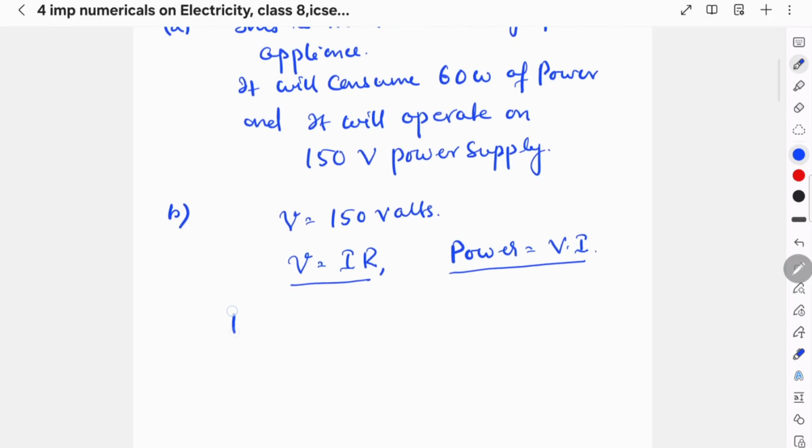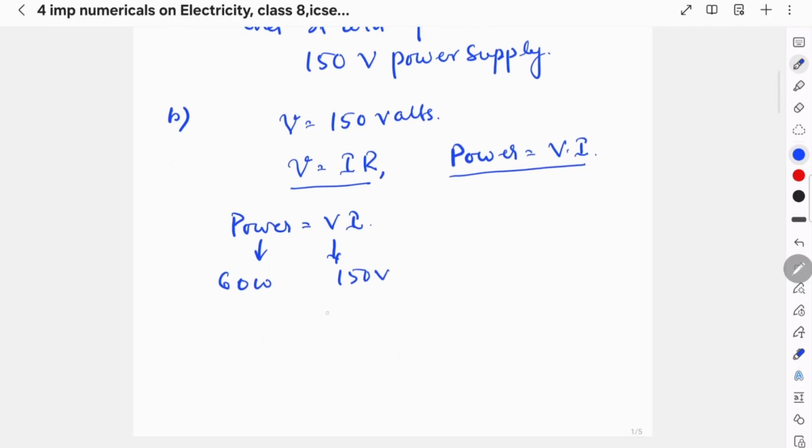Now, power is VI, the voltage given is 150 volt and it is consuming 60 watt of power. So we can say 60 watt will be equal to 150 volt into I, where I is the current.